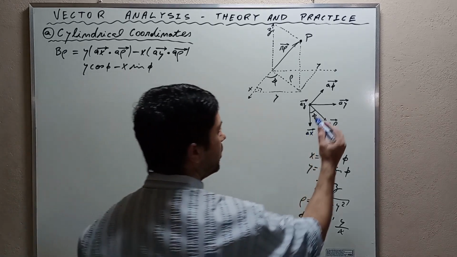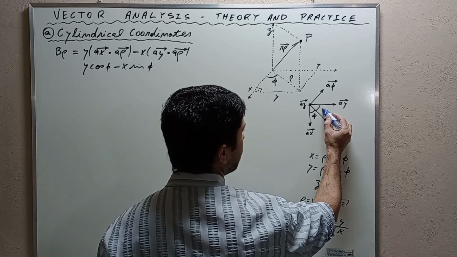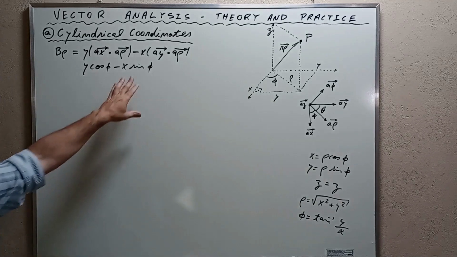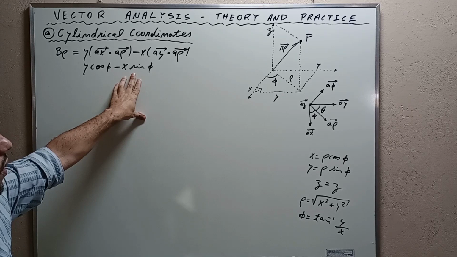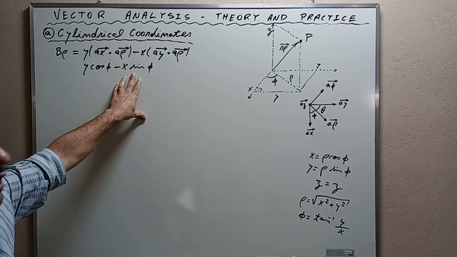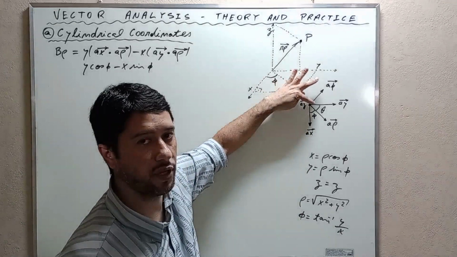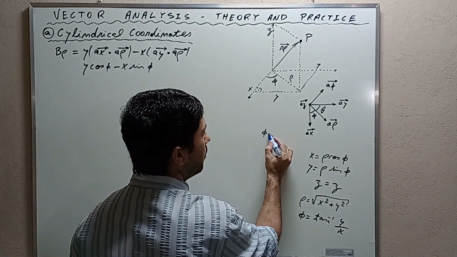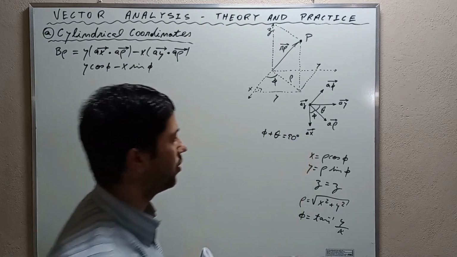Because of this angle here, theta, the cosine of theta is equal to the sine of phi. Okay, remember, see here, phi plus theta is equal to 90 degrees.